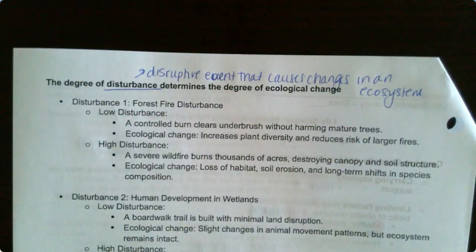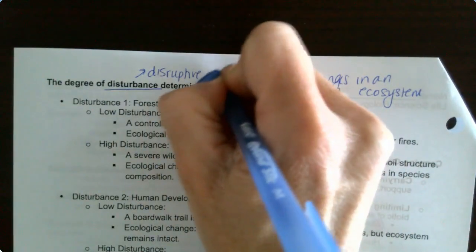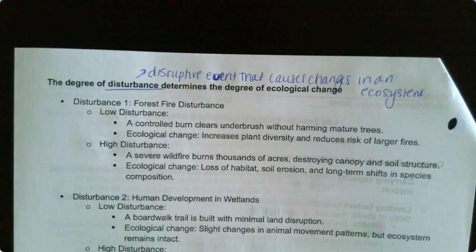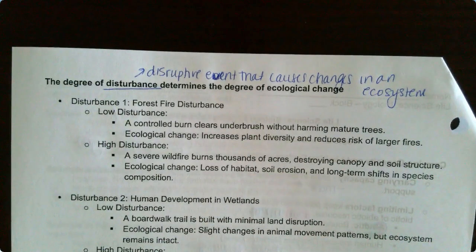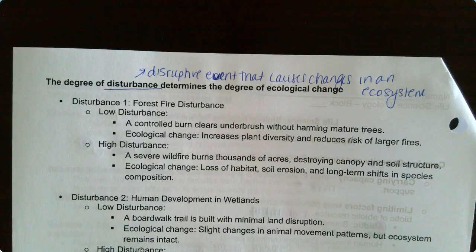Disturbances can either be caused by humans, or they could be naturally occurring. We have different levels of disturbances as well. Some of them will be low-level disturbance, and then some of them will be high-level disturbance.